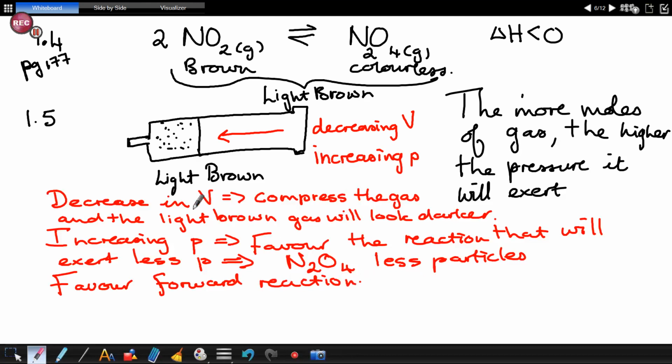So after turning darker, the gas mixture turns lighter, because the equilibrium shifts to the right.